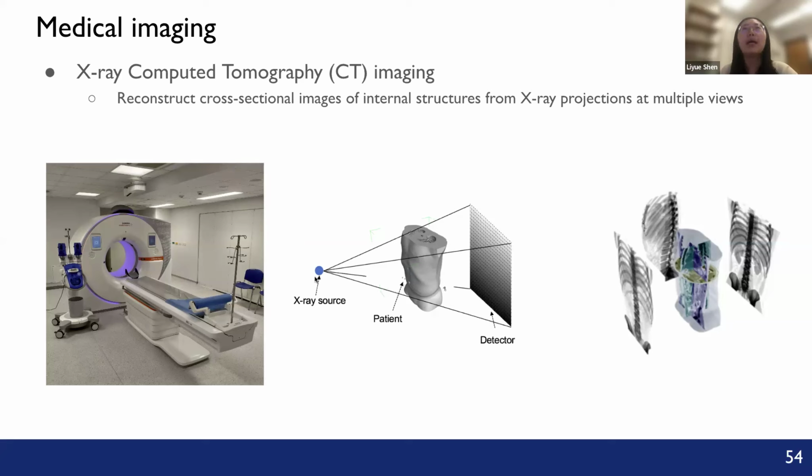What it does is that we get the projection based on the X-ray source through the patient's body, and then get the signals projected on the detector. In this way, we can reconstruct the cross-sectional slices showing the internal structures of the patient's body from the X-ray projections, at different angles as the X-ray source rotates to different positions around the body.